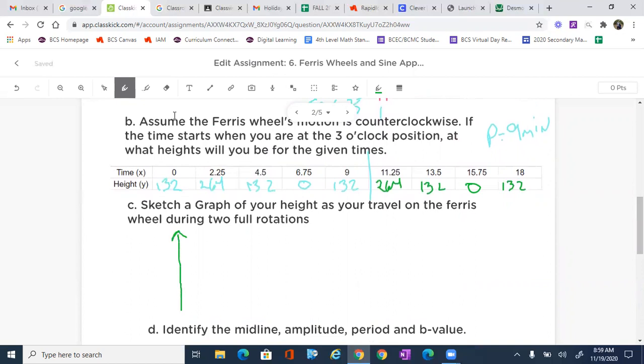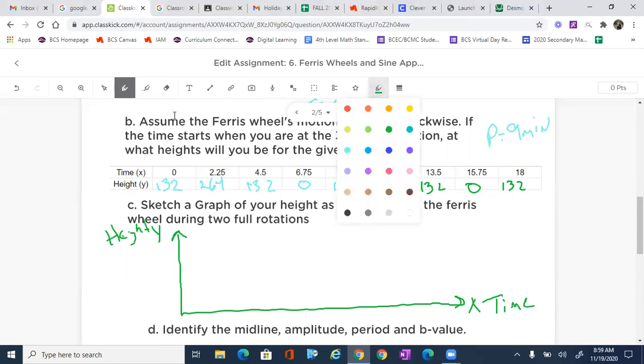I'm going to draw an X and a Y axis. We have our x-axis. Our x-axis is going to represent the time, and the y is going to be our height. We can nice and easily label all these points.